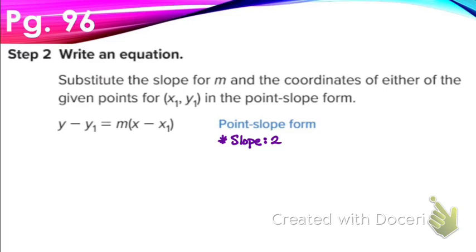What were the 2 points that we used to find our slope? 1, 1, and 7, 13. Yep, we are on the next page. So this is point 1. This one here is point 2.